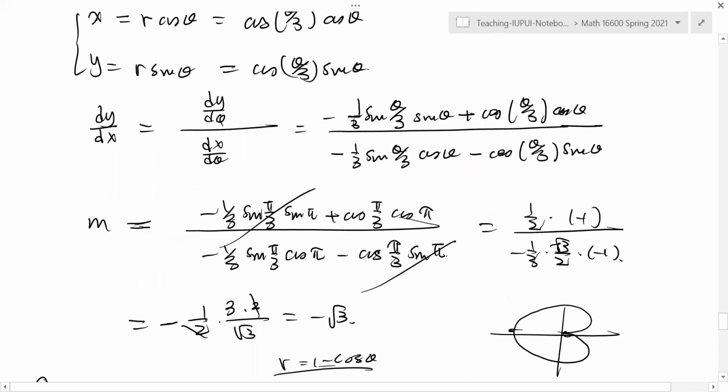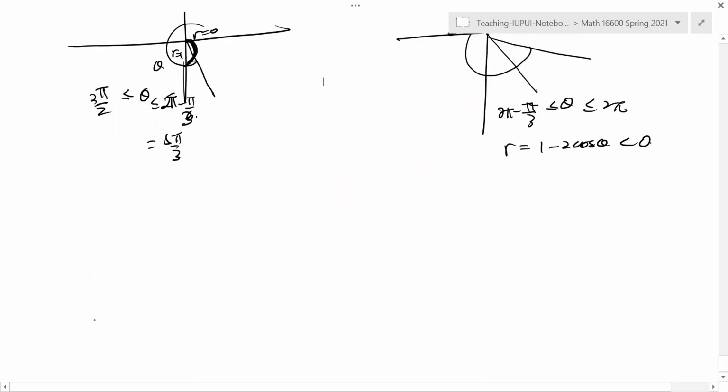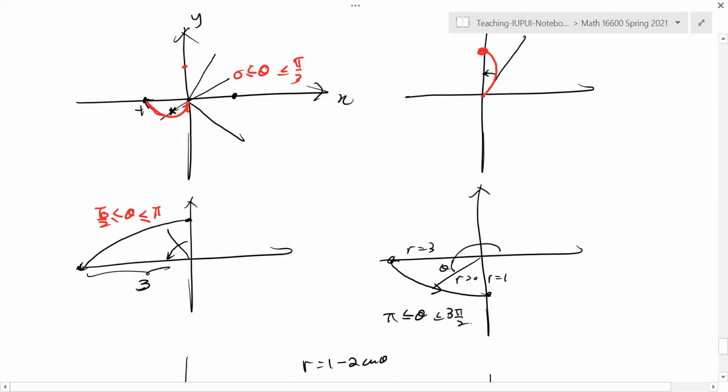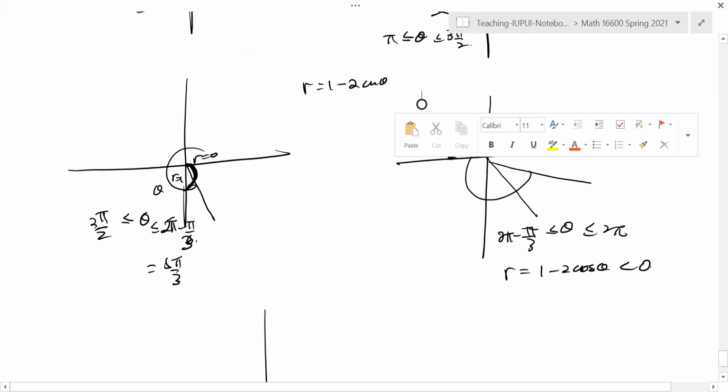You put all these pieces together, then you will get a picture. When you draw it, it looks like that. This is my starting point.